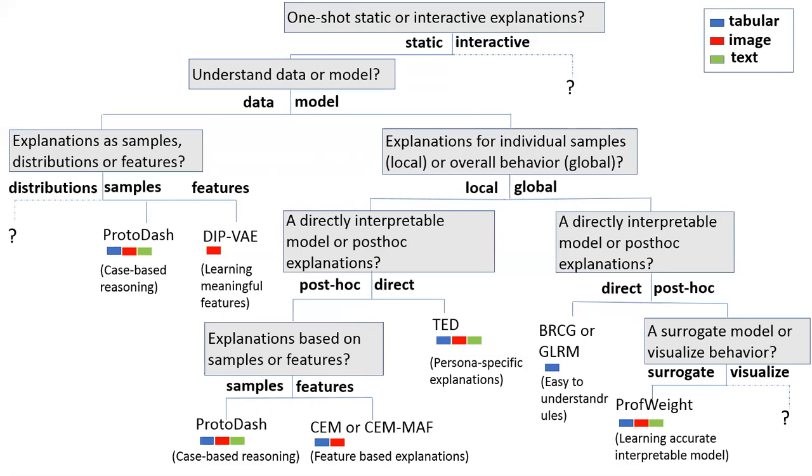Here also you have post hoc methods where you might have some complicated model, and so you may not be able to understand what's happening in general, but you might be able to extract explanations at a per-instance or local level, like the patient level.